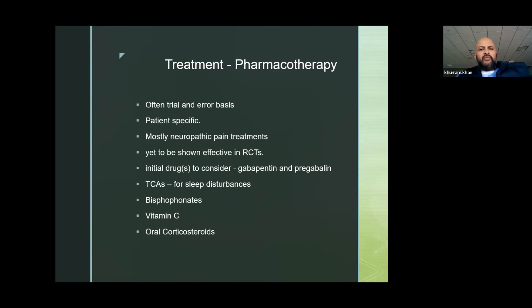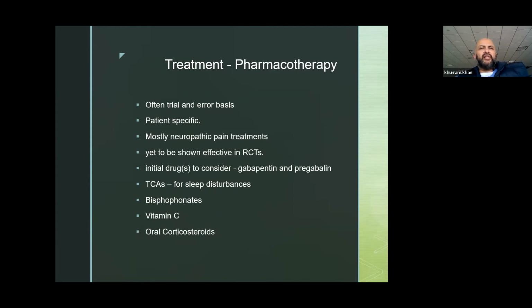As I mentioned, pharmacotherapy is mostly trial and error based. We borrow the treatment strategies from the neuropathic pain treatment, and those techniques and those medications, none of them actually are approved in the randomized control trial. Initial drugs, as we all know, for the neuropathic pain treatment are gabapentin and pregabalin. TCAs, bisphosphonate, vitamin C, and oral steroids.